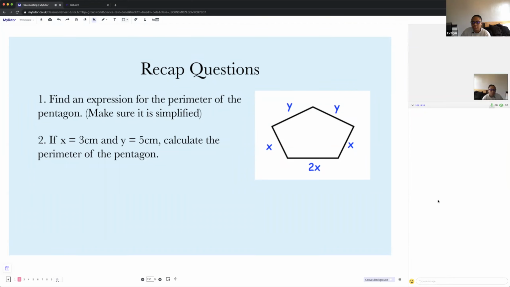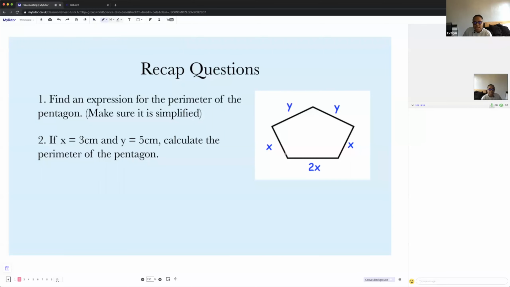I'm seeing some really good answers here. Let's go through it. Perimeter is the length all around the outside of your shape. So all we want to do is add all our lengths around the shape and leave it as an expression. Expressions are in terms of letters and numbers.